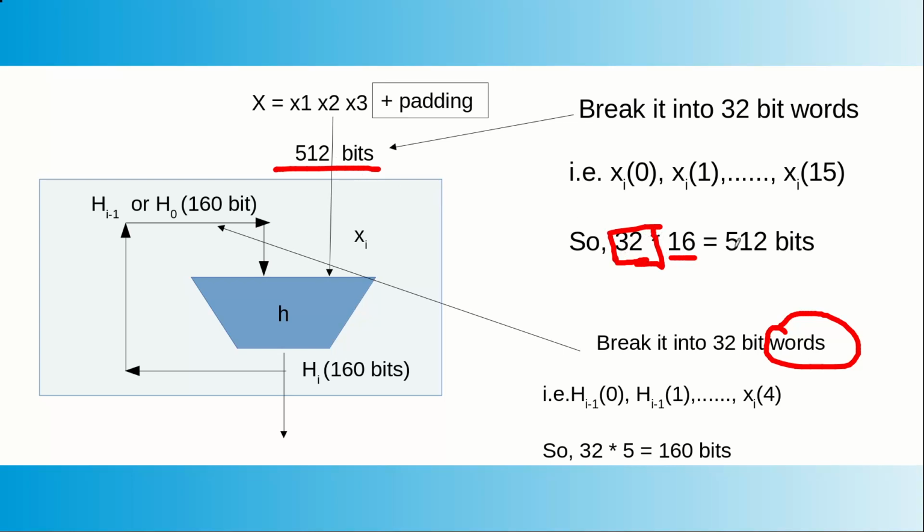So obviously 32 into 16 is equal to 512. Each and every sub block of 32 bits is called one word. Again, the previous hash output, which is 160 bits long, we will also divide into 32 bit words, but in this case it is only going to give me 5 different blocks. So 32 into 5 is equal to 160. So 5 different words will come from the previous hash output, and 16 different words will come from the present raw text.